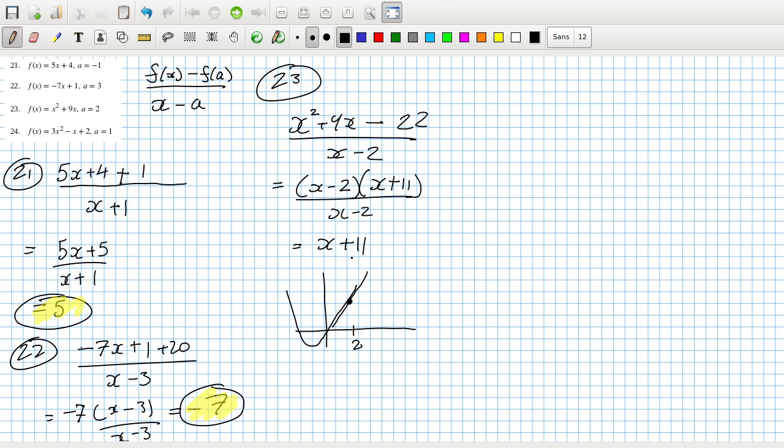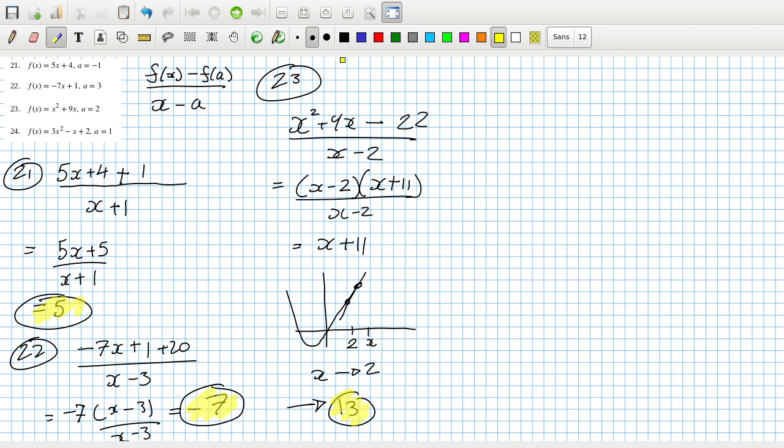And then when x approaches 2, then it becomes a tangent. Because right now what we have is a secant at the point a is 2 and at the point x. That's what we have here. So as x approaches 2, the secant will become a tangent. So as x approaches 2, this answer will approach obviously the 13.